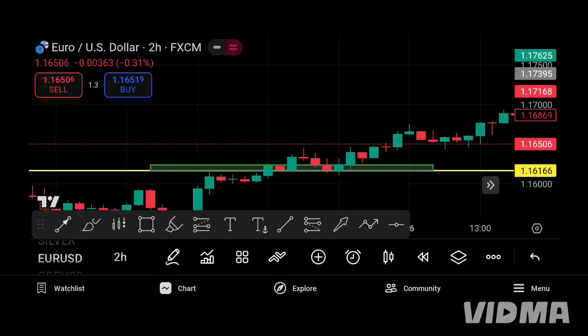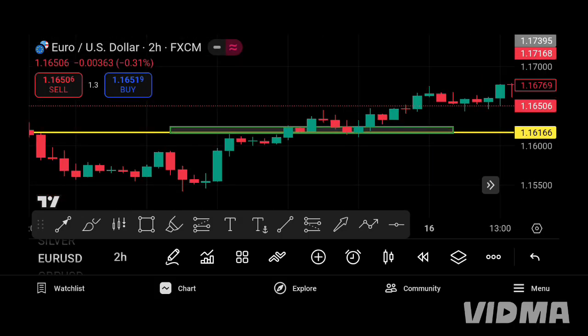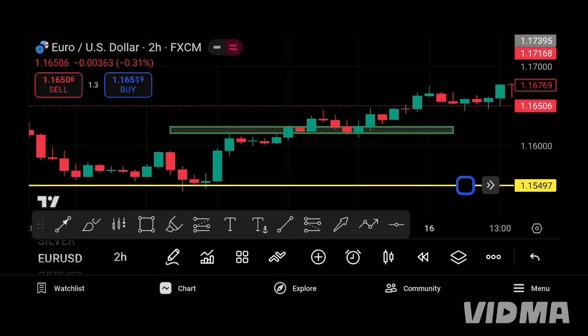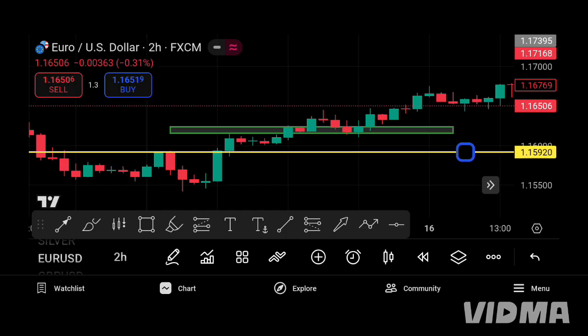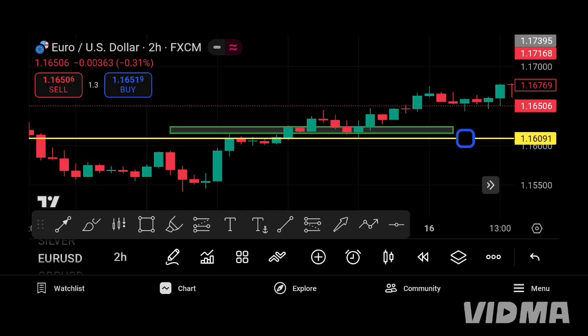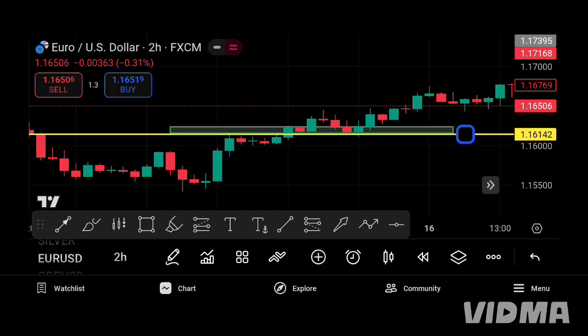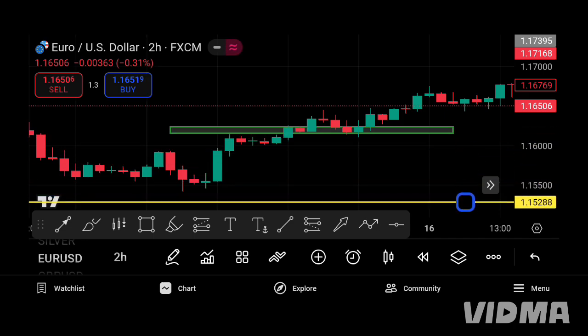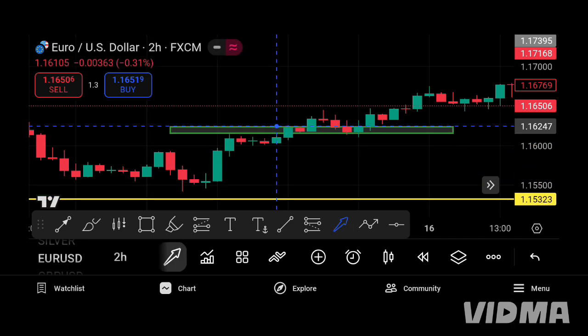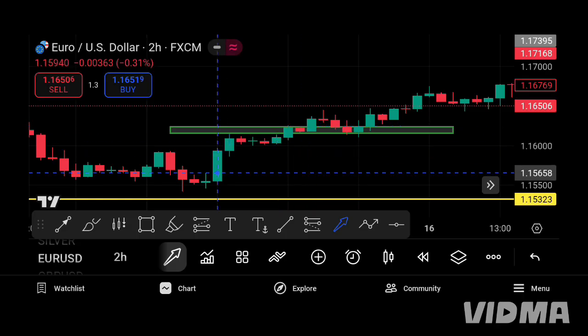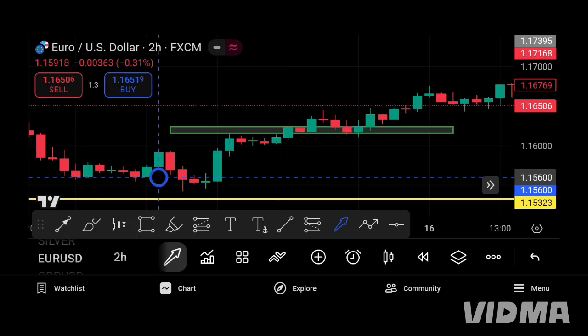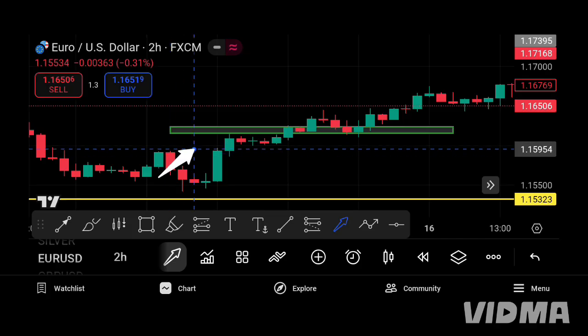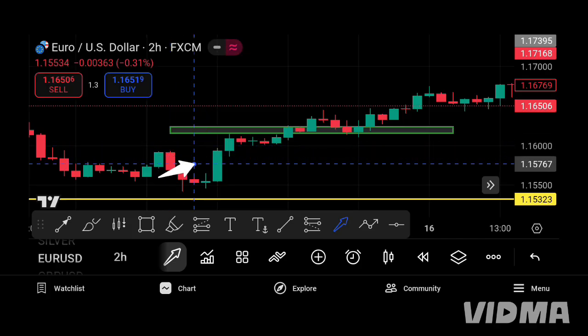So remember, we first broke here, then again we came here and we broke. You remember we first came here, and from the day we saw that buyers have stopped liquidity. Now we are moving up.